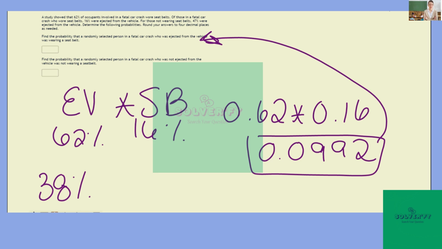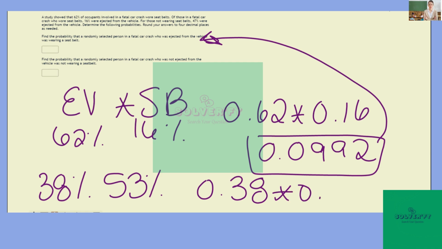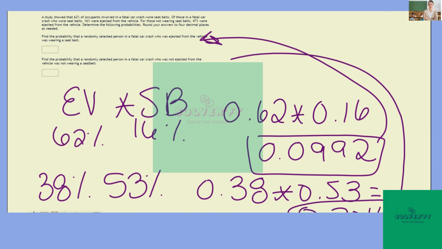If 47% were ejected from the vehicle, we know that 53% would not be. So we're doing 0.38 times 0.53, and we are going to get a probability of 0.2014 for our second question.